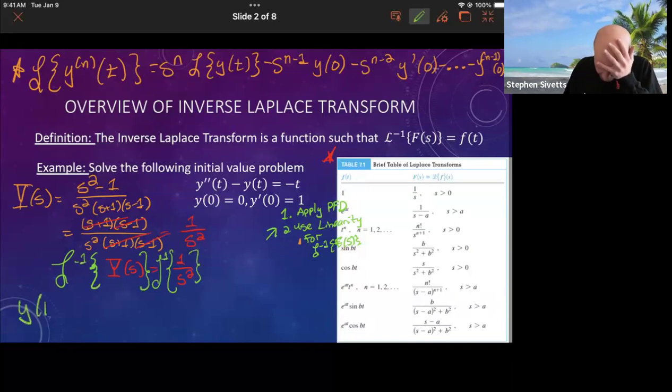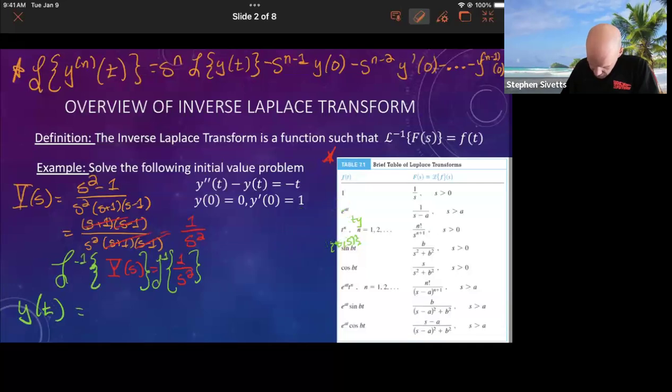So we'll get a function in T, little y of T. We know that 1 over S squared appears in a quantity that looks like n factorial over S to the n plus 1 power.